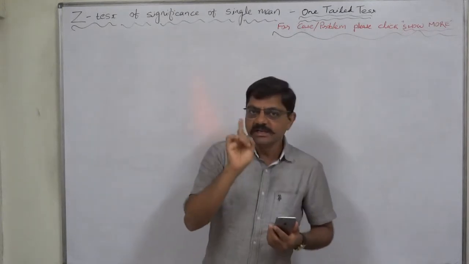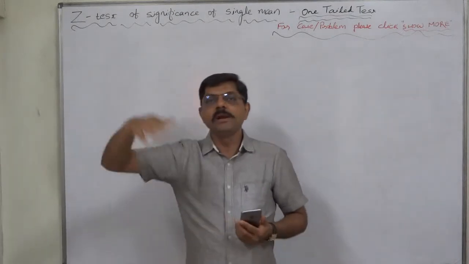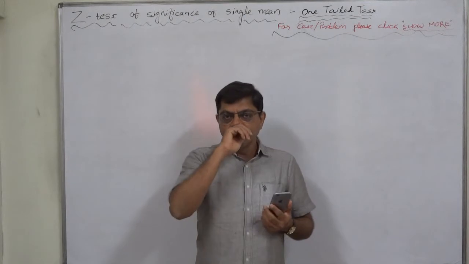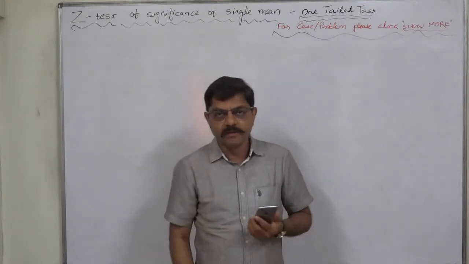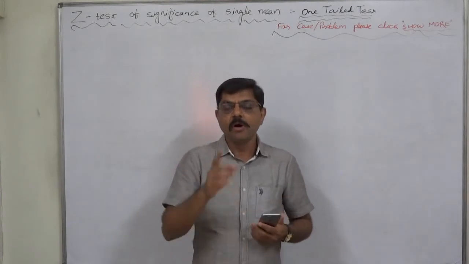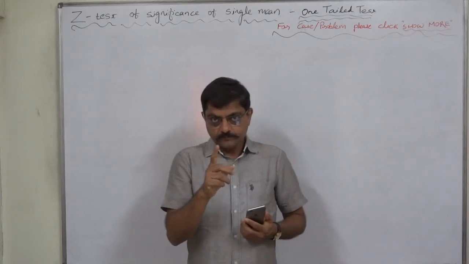See, case studies and normal problems and solutions. What is the difference between these two? In case of case studies and real life problems, you and me as students must have a comprehension ability.